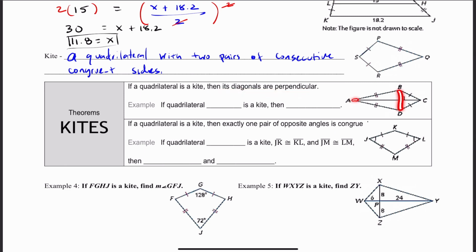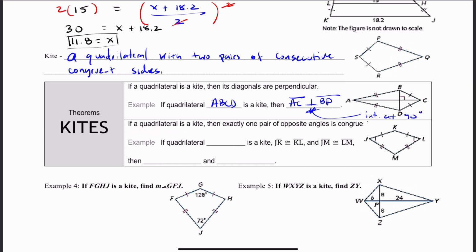I have these diagonals, and they intersect at 90 degrees. If quadrilateral ABCD is a kite, then we know that segment AC is perpendicular to segment BD. And remember, that means they intersect at 90.